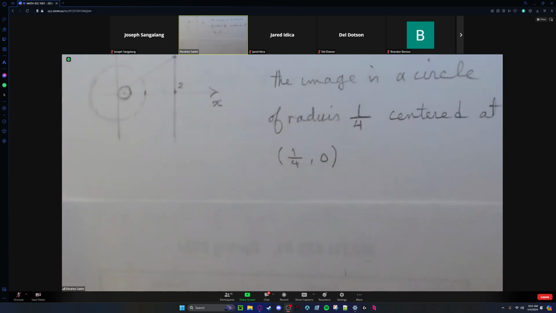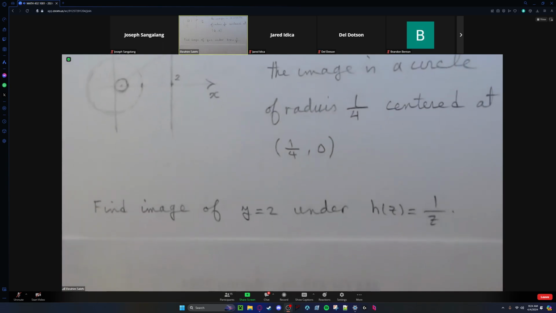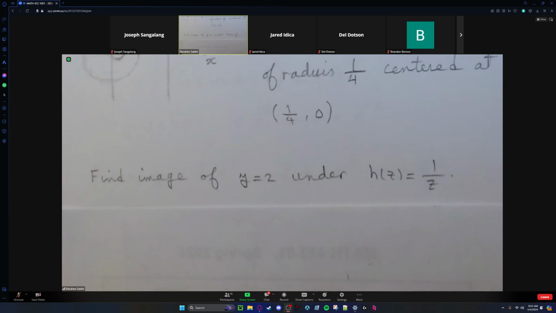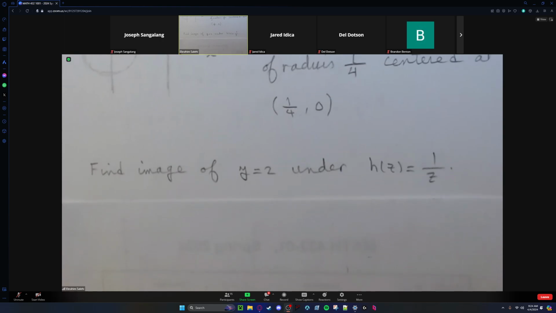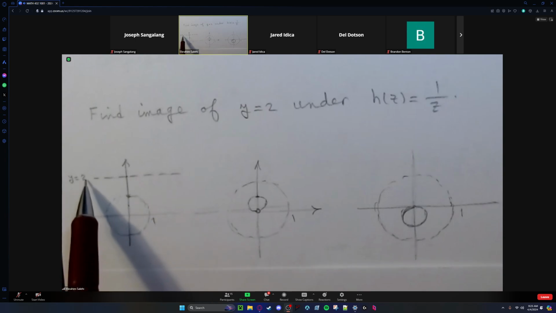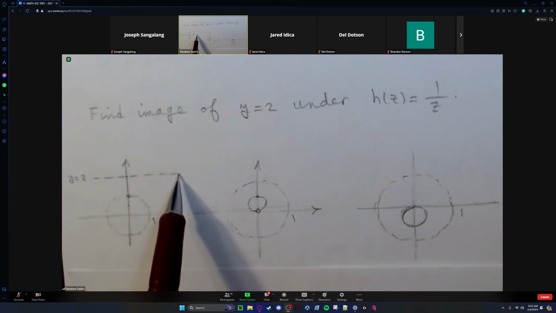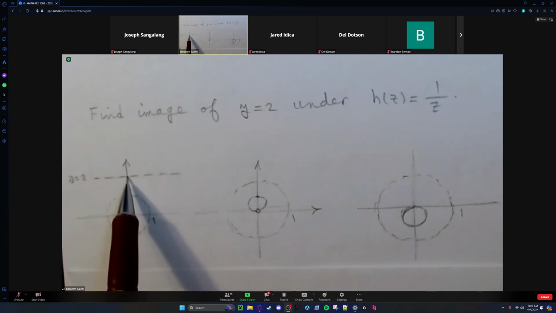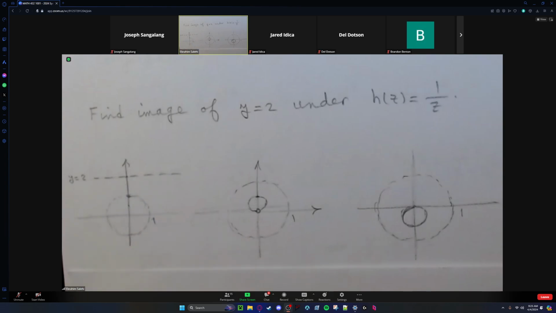More examples. What happens to y equals 2? The horizontal line y equals 2, okay, we have inversion together with conjugation.